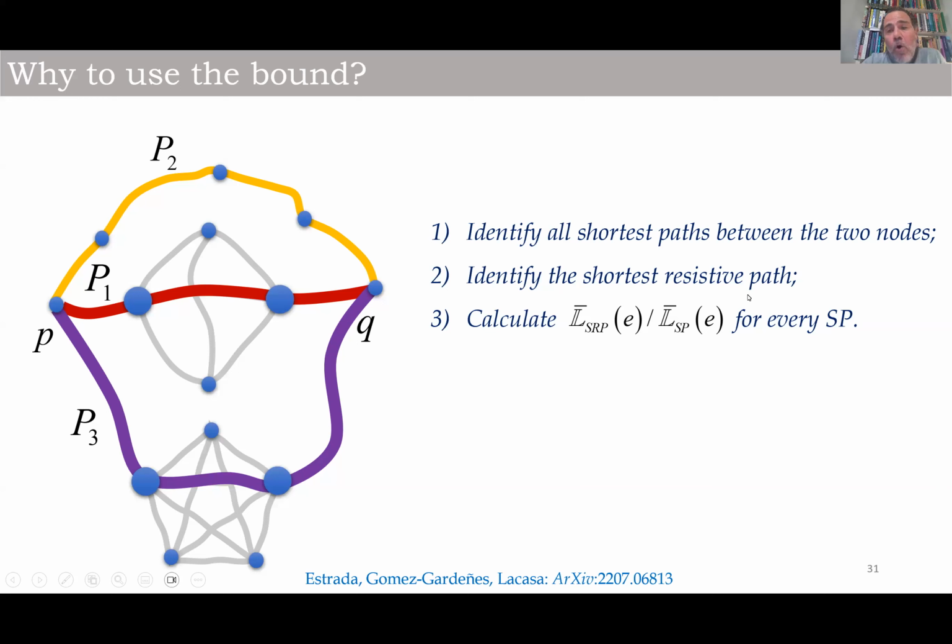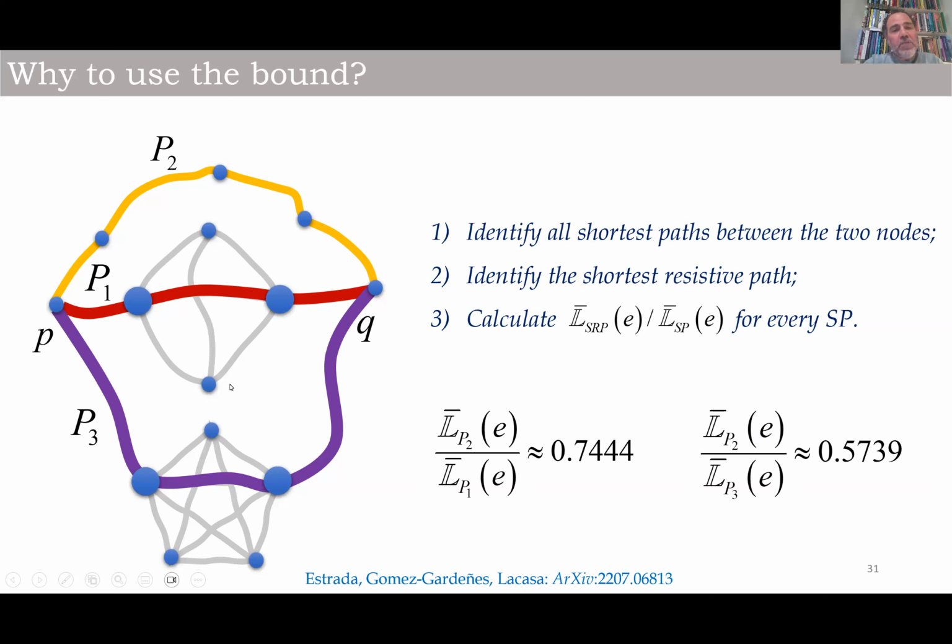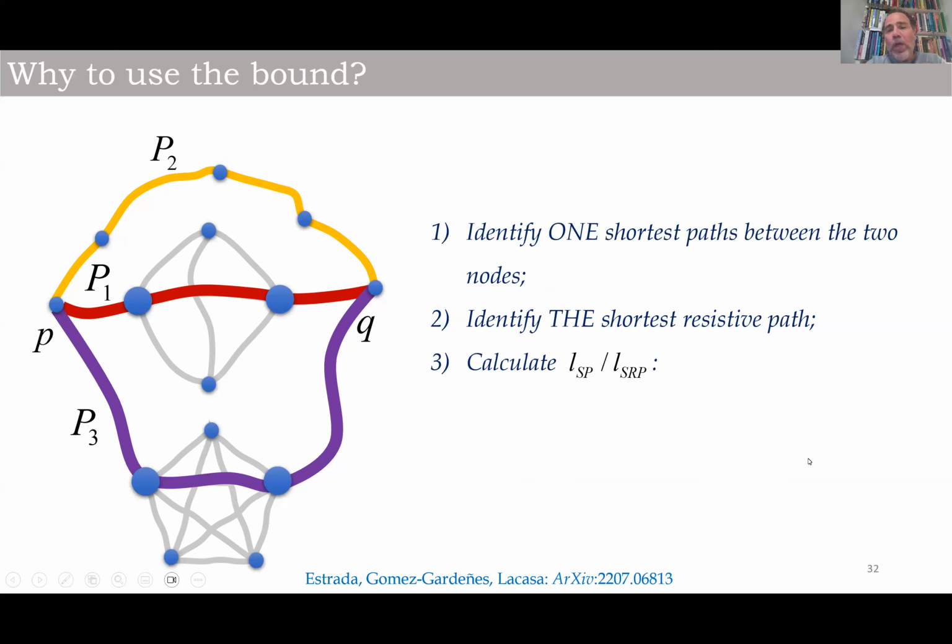And there is only one shortest resistive path that you have to identify, but in this particular case, you will have to do the calculation for this shortest path in red and this one in magenta. See that these are the values of this ratio, and if you do the calculation only using the shortest path, you have to do only one identification of a shortest path.